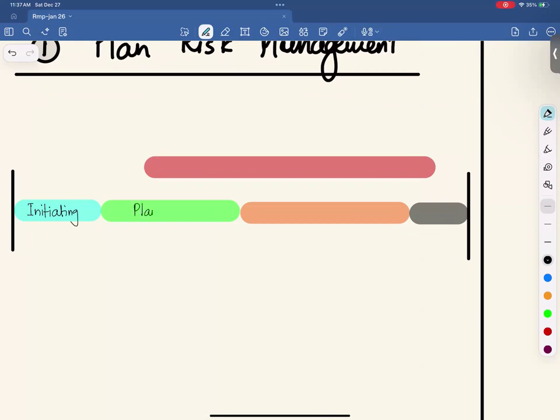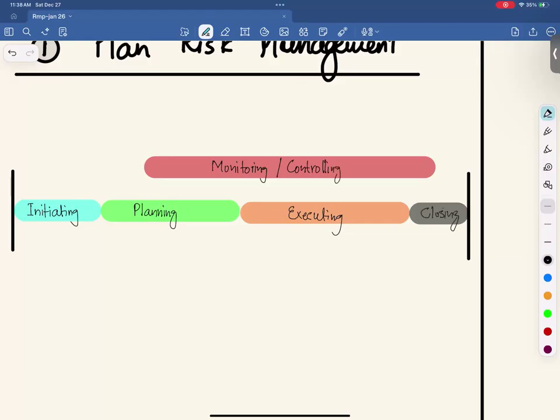initiating. Then we have planning. Then we have executing. Then we have monitoring and controlling, and then we have closing.